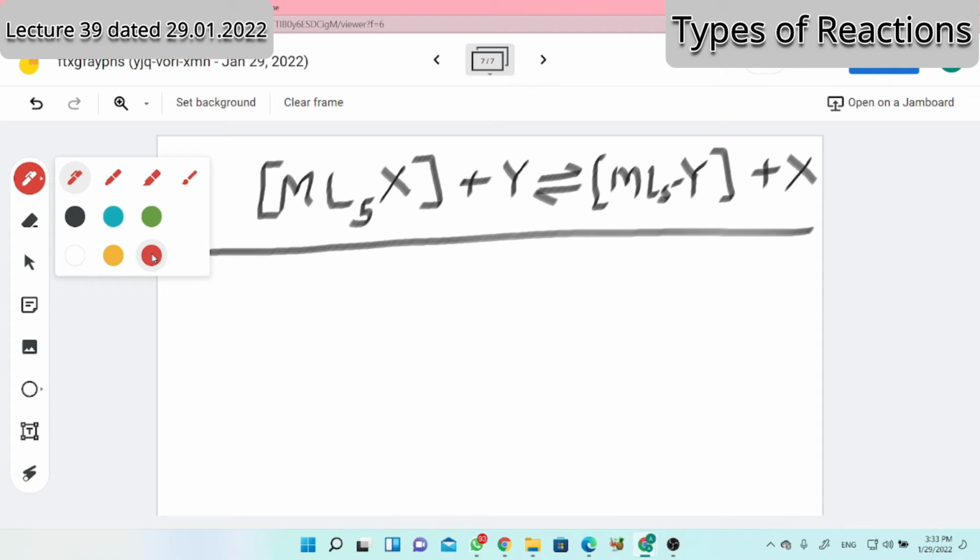Then how may that substitution reaction be possible? X is there, along with Y is added and then removed, or the other way, X is removed and then Y enters. Say I have one pen, and in your hand also there's a pen, and we want to exchange the pen. One way: I can give the pen, so I dissociate it.